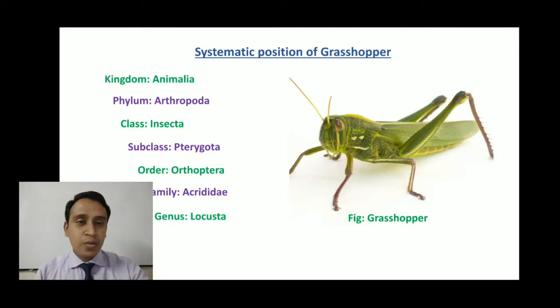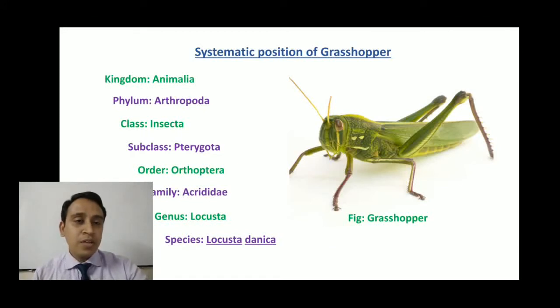Among many genera, one of the genera is Locusta. And species under the genus Locusta is Locusta danica. Almost 20,000 species are found all over the world, and almost 20 species are found in Bangladesh. So that is the classification or systematic position of grasshopper.